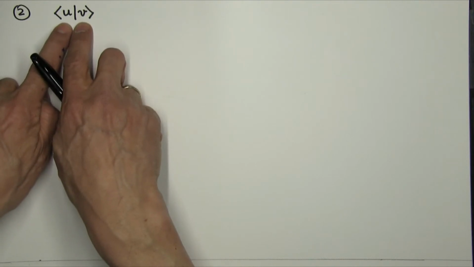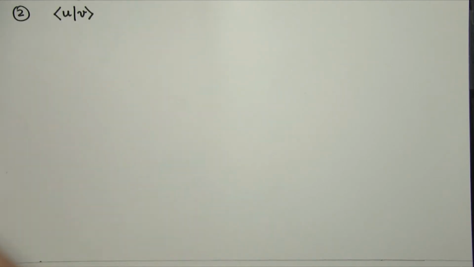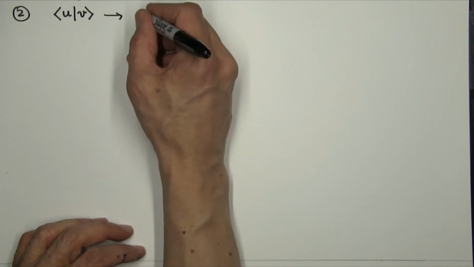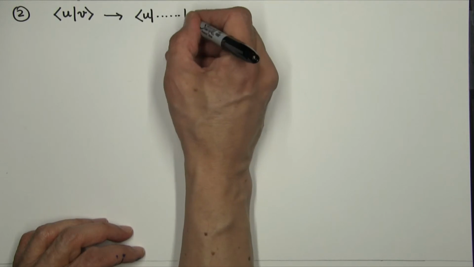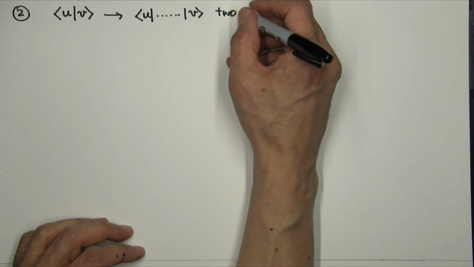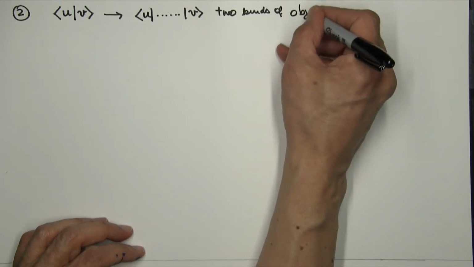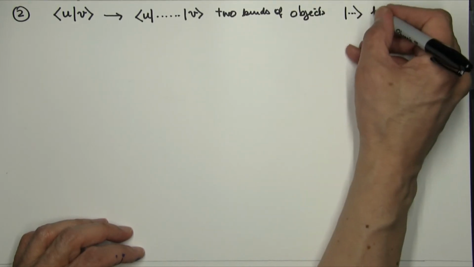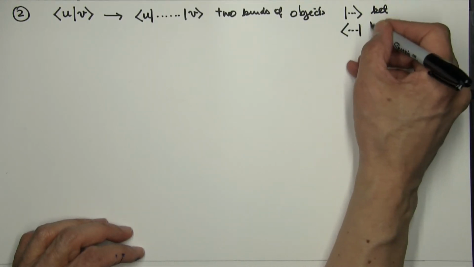The only thing that existed before was this composite object, but now you want to stretch it out in such a way that you have the object U and you separate it from the object V, and you have two kinds of objects: an object that is called a ket and an object that is called a bra.